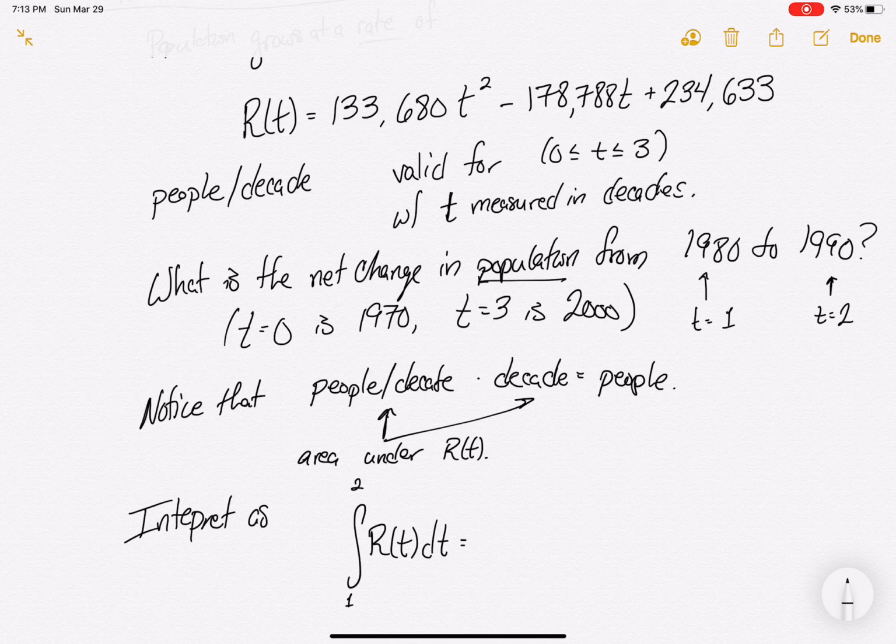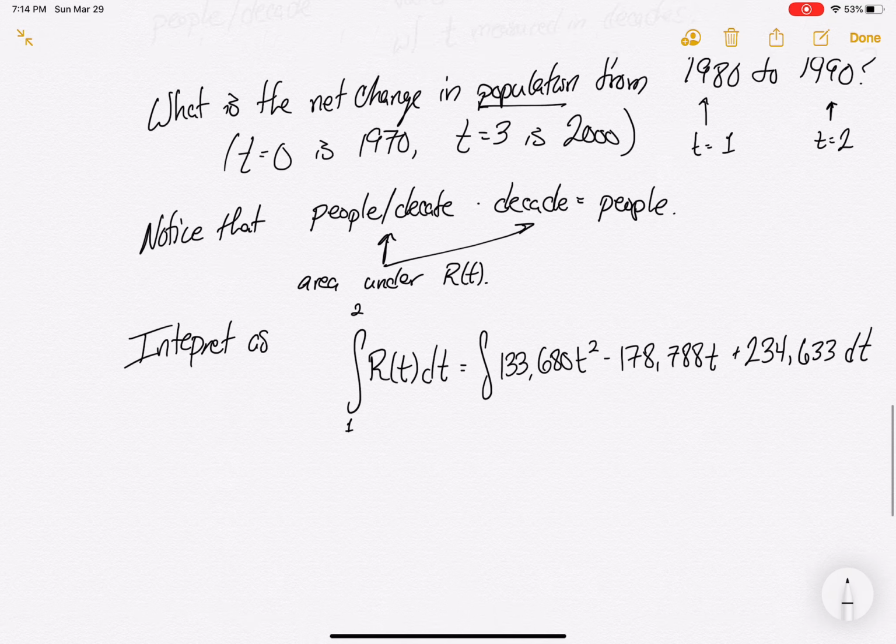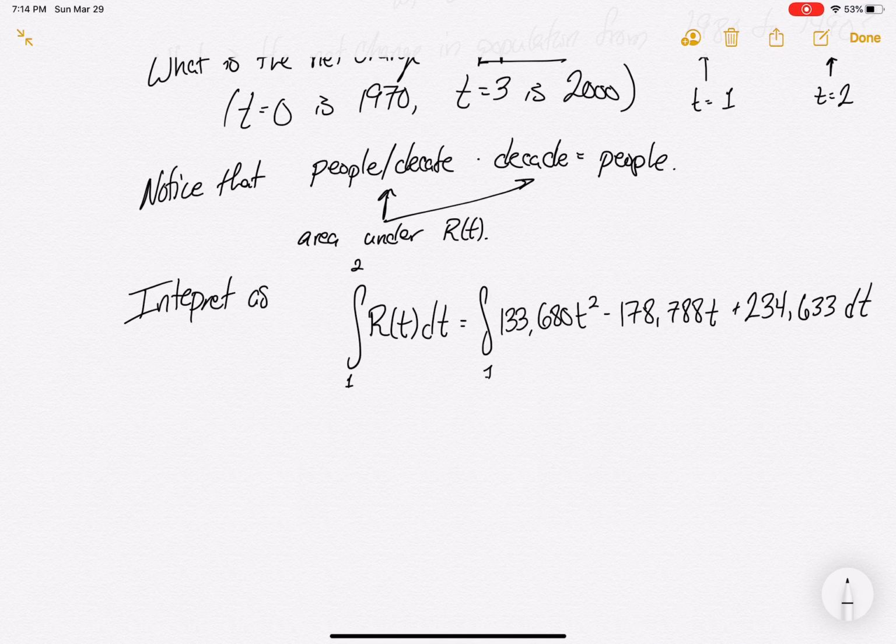So if we do that, it's not too hard. We just basically copy paste what we have here. And we can use our power rule on each piece.